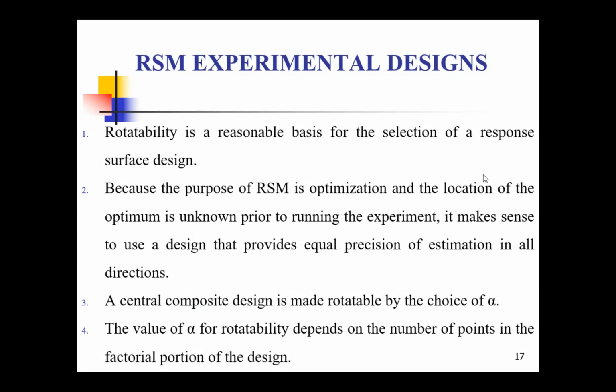The purpose of RSM is to find the location of the optimal conditions with precise estimation in all directions, because we should not move in a single direction, but go throughout the design space to identify the optimal condition, whether it may be a steepest ascent or a steepest descent. Within the design space, we have to move towards all directions, not only a particular direction. That's why this rotatability is very much important.